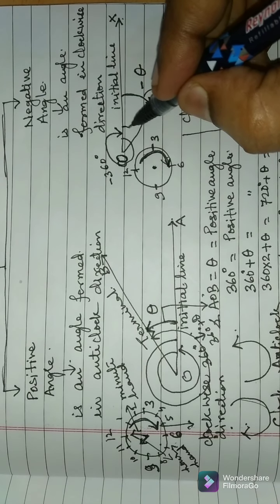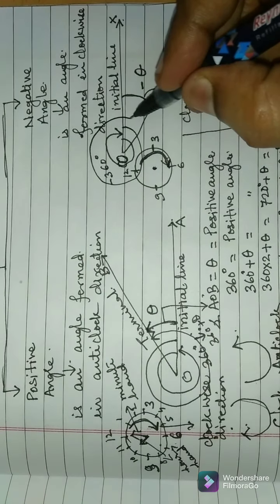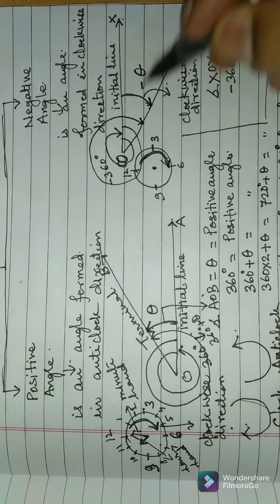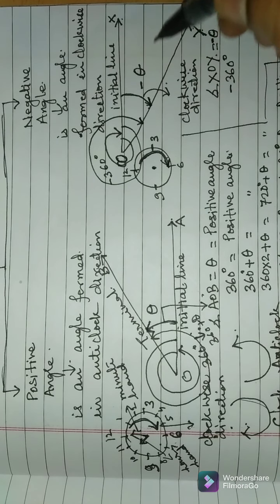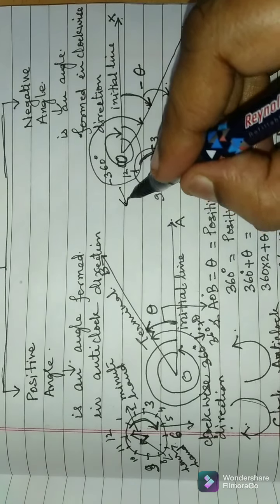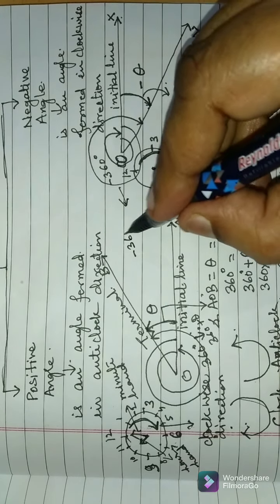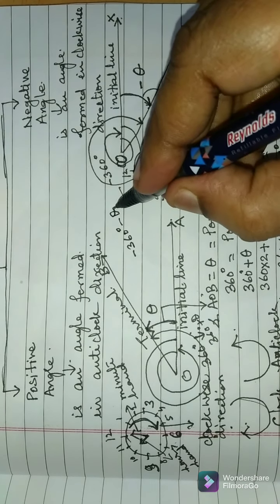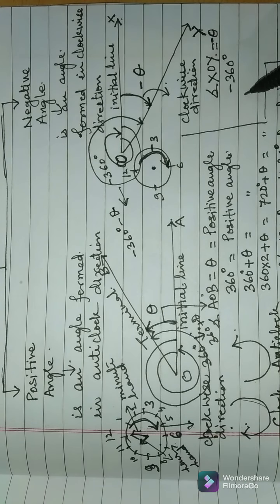If a full rotation takes place and the line comes in the OY direction, then the angle formed is minus 360 degree minus theta. Then again, 2 rotations, minus 720 degree minus theta.